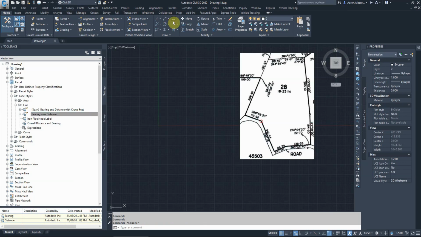I'll go to polyline, starting from there as a starting point, and I'm drawing the first segment, which is 113.92 at an angle of 288 degrees, 53 minutes and 30 seconds. Great, that's similar to what we can see here.